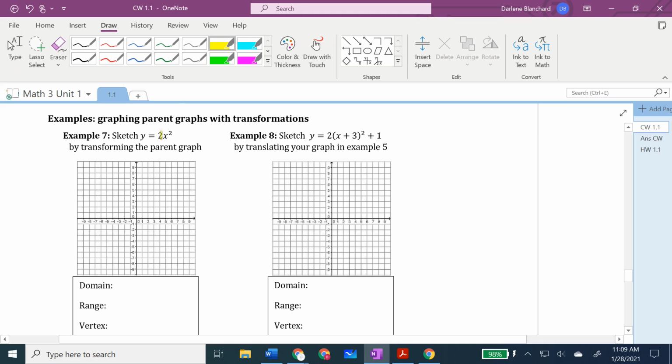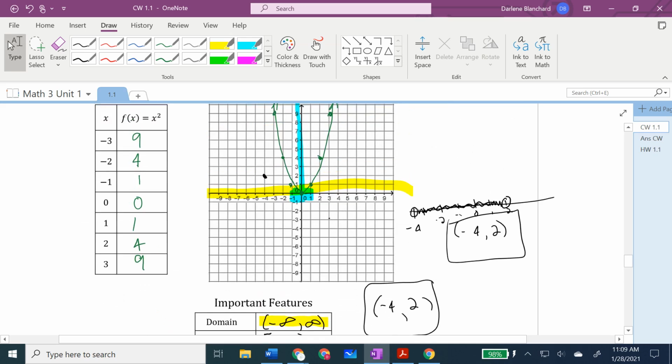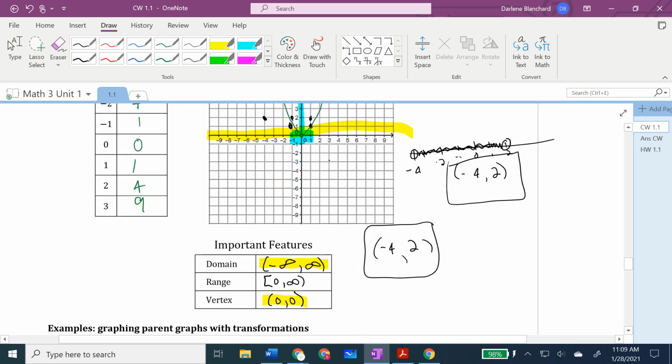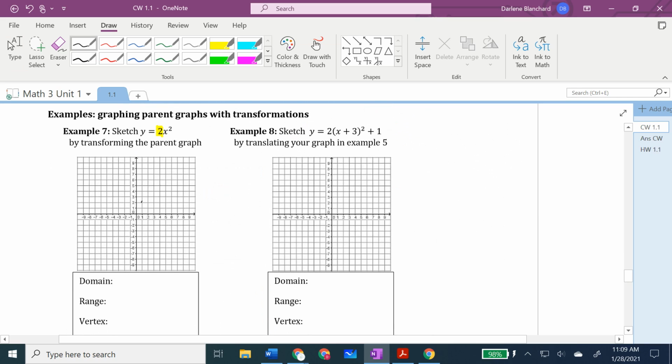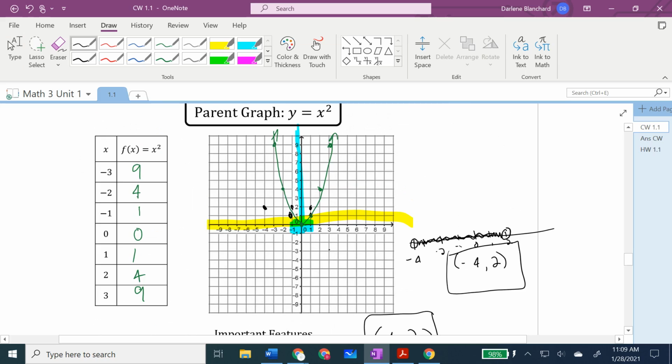When I multiply by 2, I take all of my y coordinates of the original graph and I multiply each of the y coordinates by 2. So that means right here where I have y coordinates 1, I will then have y coordinates 2. Where I have y coordinates 4, 4 will be multiplied by 2, and my y coordinates will be 8.